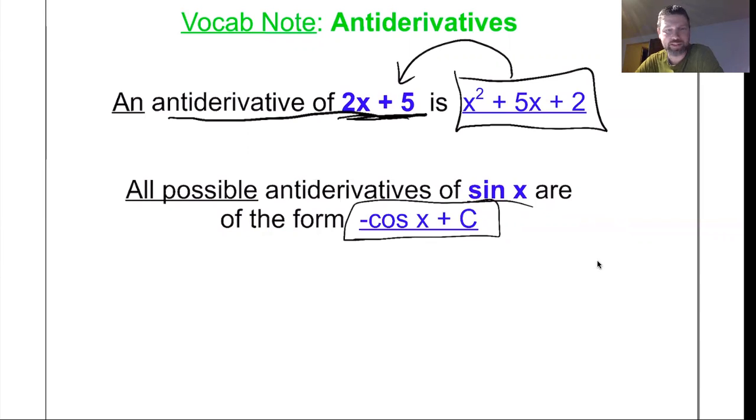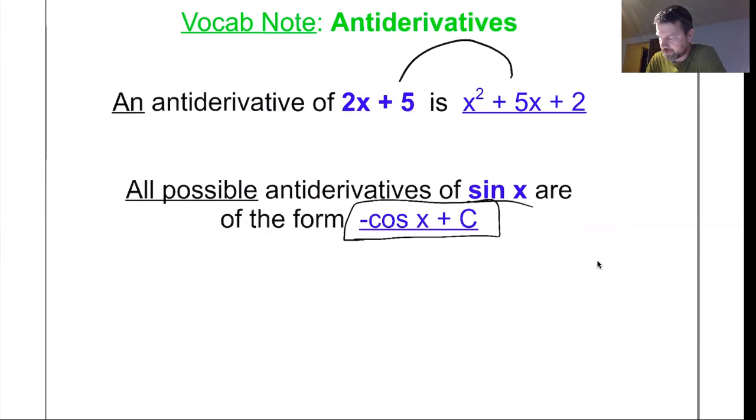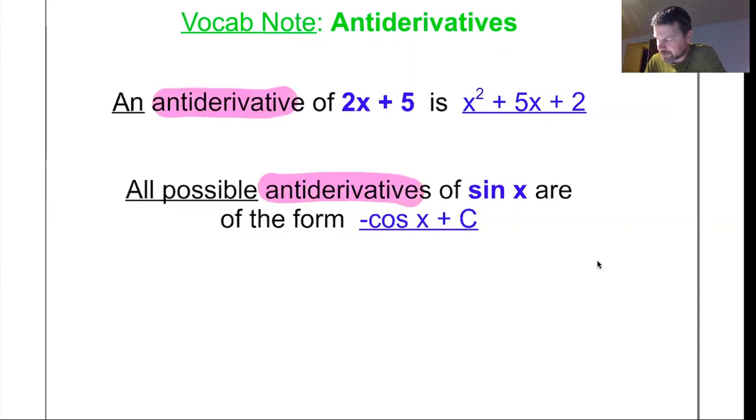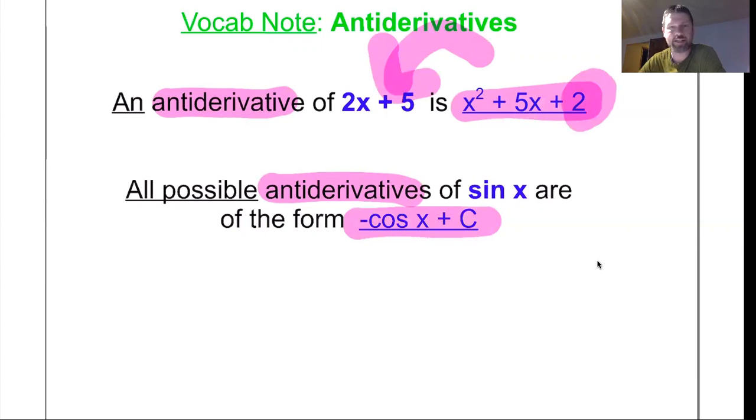The only difference between these two things, they're both antiderivatives, is this is a particular antiderivative of that one. It's the antiderivative who has a constant of 2. And this is representative of all possible antiderivatives of sine of x because it's saying plus some constant.